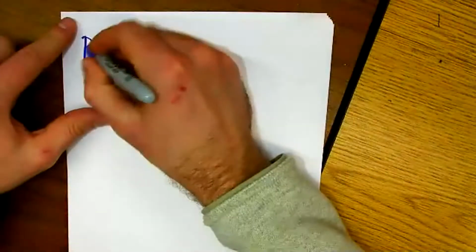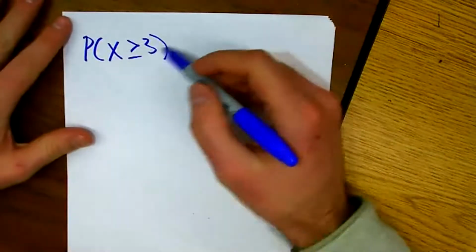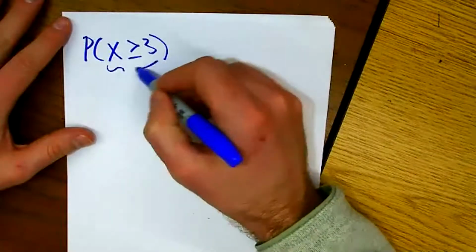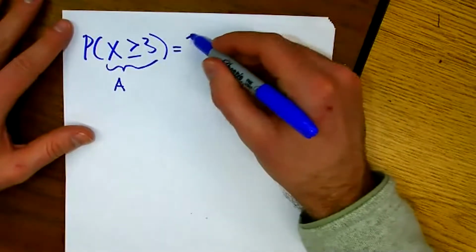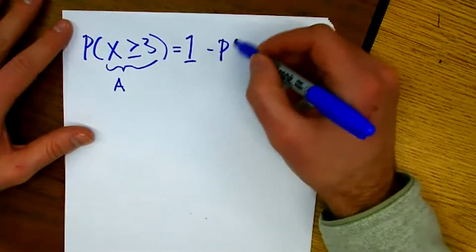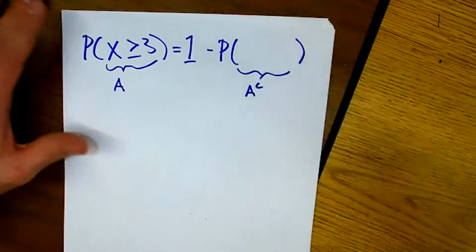So if I want the probability x is greater than or equal to 3, if I think about this as event A, I know that I can rewrite this as 1 minus its complement.